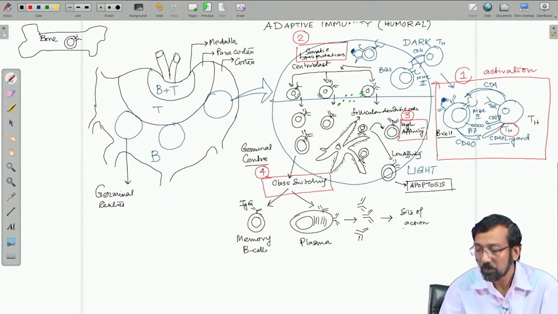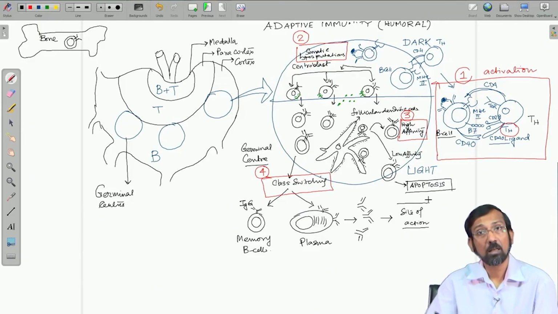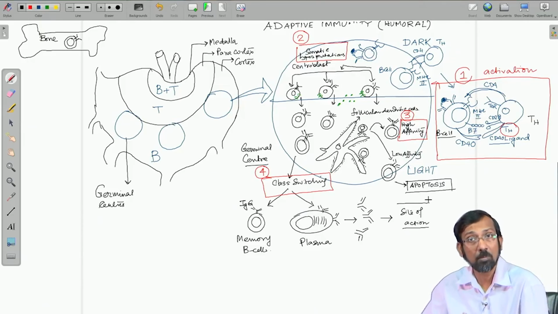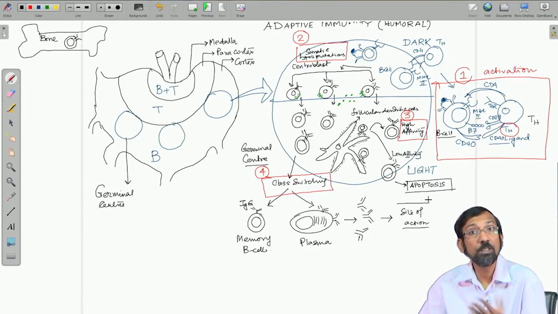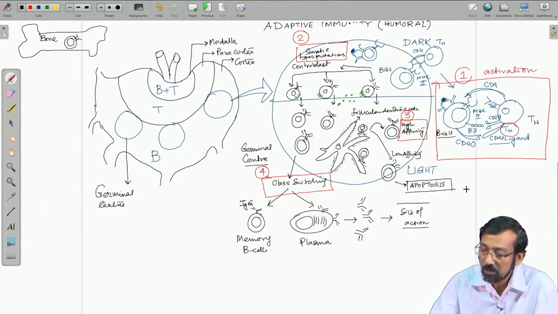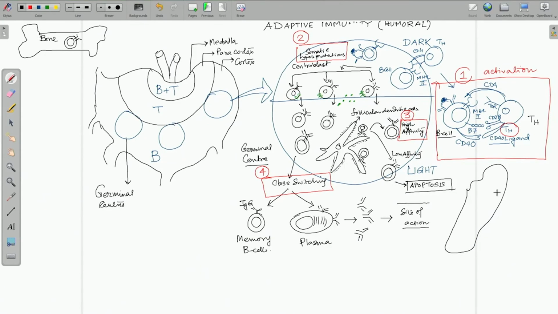So, if you recall from one of our initial classes, we again go back to that tissue portion where there was a tissue invasion and there were pathogens getting in and different types of cells.